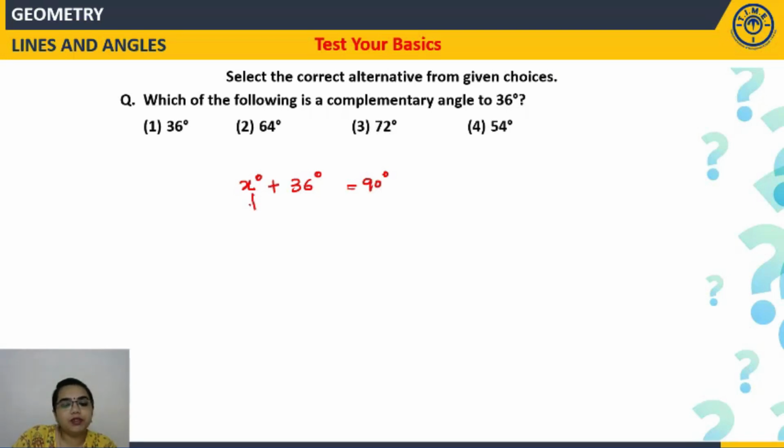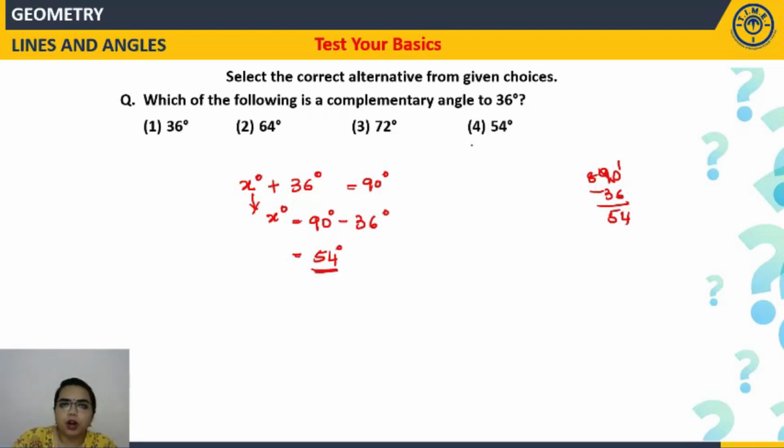Now how can we find this measure? We can find it by subtracting 36 from 90. Isn't that true? Yes. So 90 degrees minus 36 degrees. How much do we get? Let us subtract. 90 minus 36. What did we get? 54 degrees.